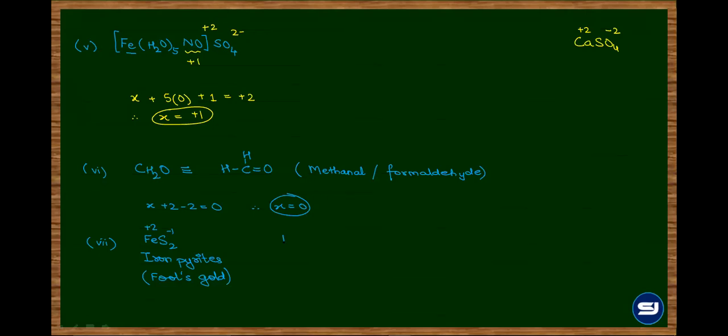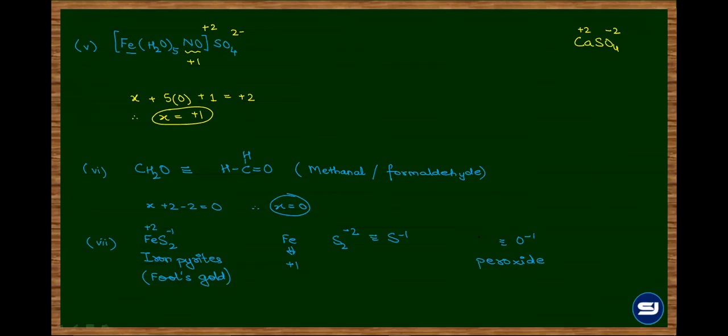Basically, the oxidation number of Fe here is +2, and S2 overall could be written as -2, equivalent to S-1 each. Now this is very similar to peroxide. What is the oxidation number in peroxide? -1. Peroxide always has 2 oxygen atoms linked by a single bond, and each oxygen gets -1.